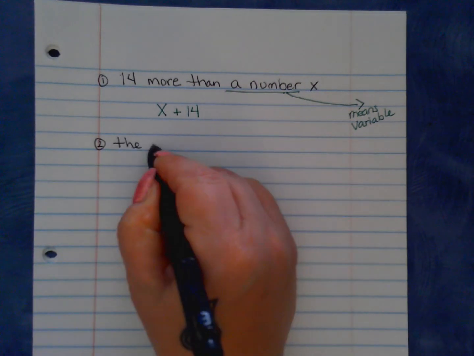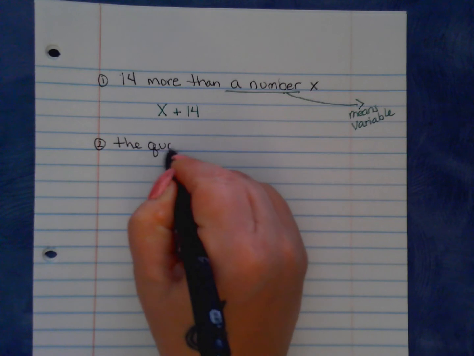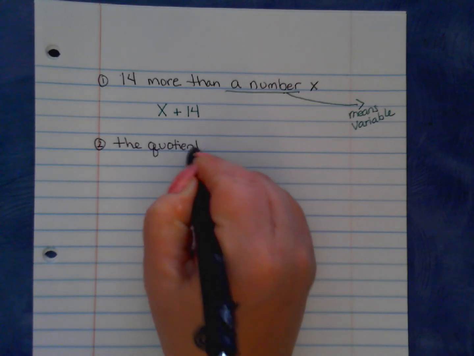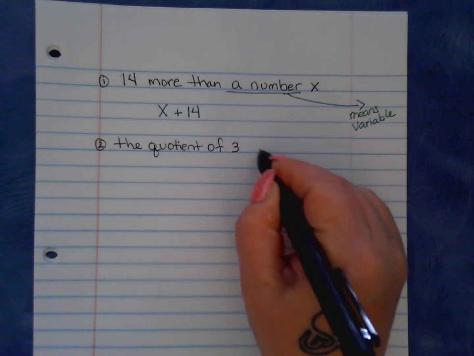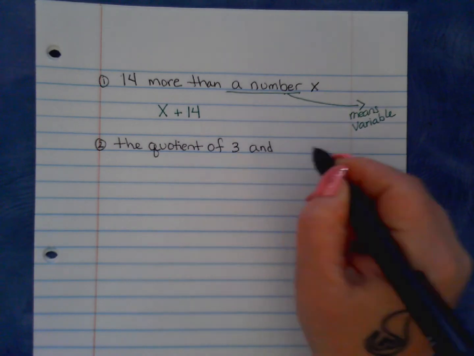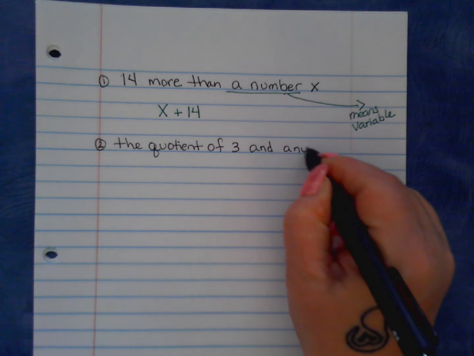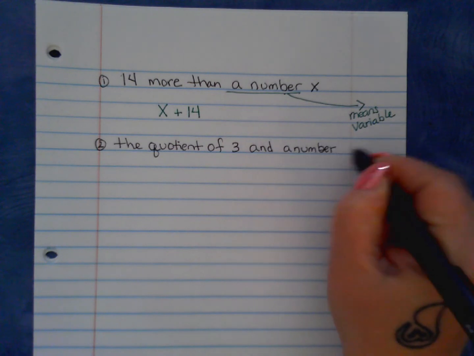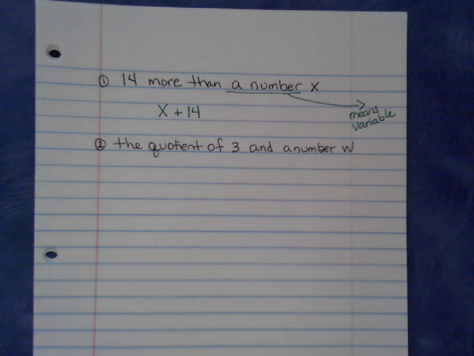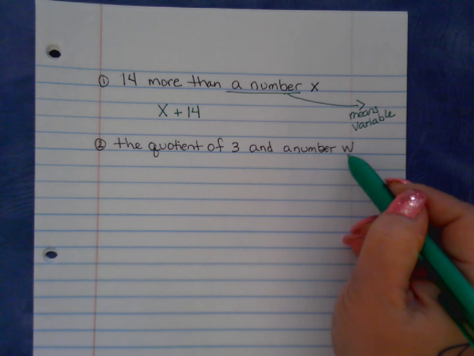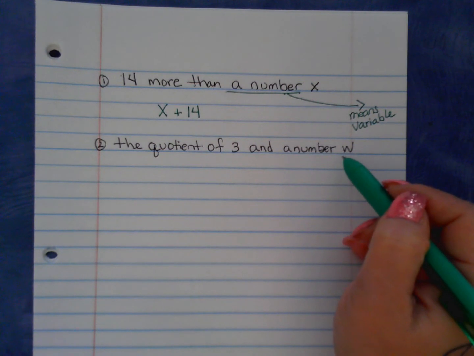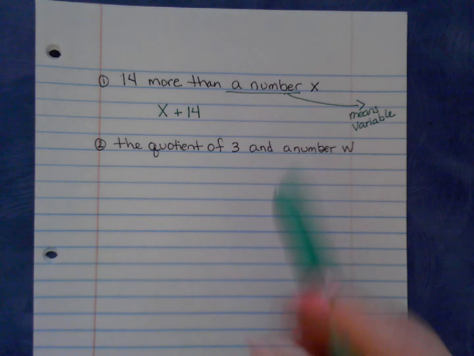The quotient of 3 and a number W. Okay, well, first I can see that I have a variable, so there better be a variable in my answer. And then remember what I said about that word and.